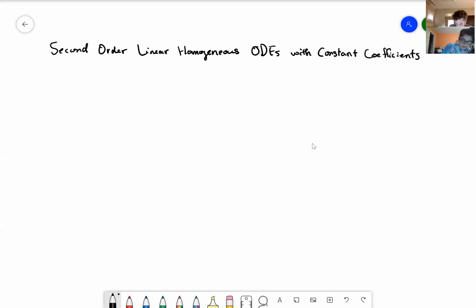So we're going to write these in the form ay double prime plus by prime plus cy equals 0. And I think before we had been dividing through by that a, so the leading coefficient there was 1. But it's going to be useful for today to write it like this. It's going to be in analogy with the general quadratics.